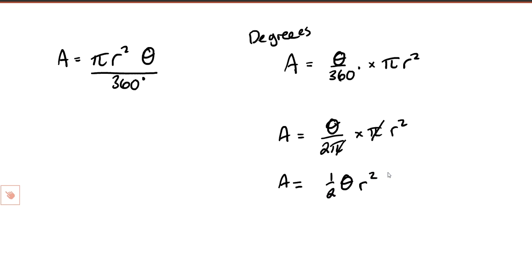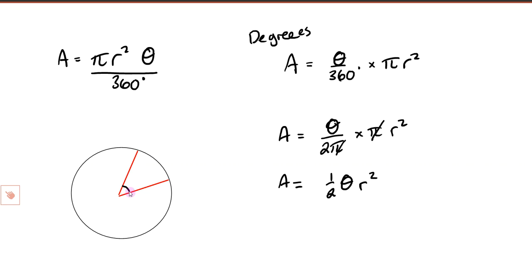So do you see how now, if I've got a circle and I'm working in radians and I want a section of it, I've got a slightly different formula for working with it in radians.